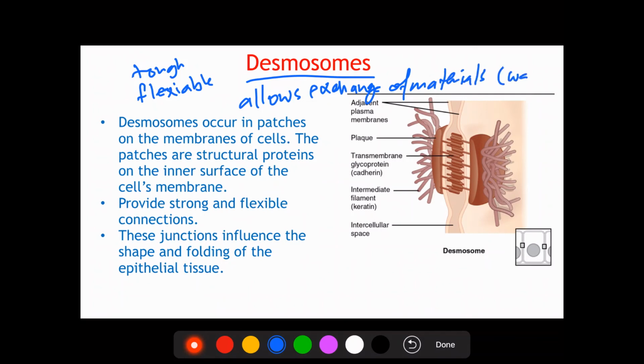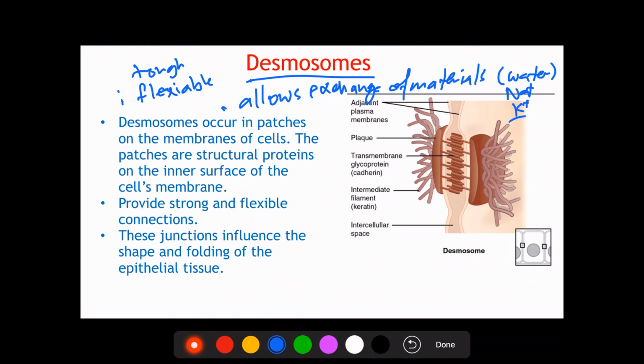Mainly water. In some cases there are sodium and potassium, very limited. No sugar, for example, can pass between or through desmosomes. Okay, the thing again about desmosomes is that it's tough, flexible, and it allows exchange of materials. So it's kind of between tight junction and gap junction.